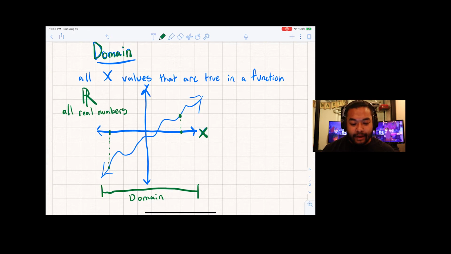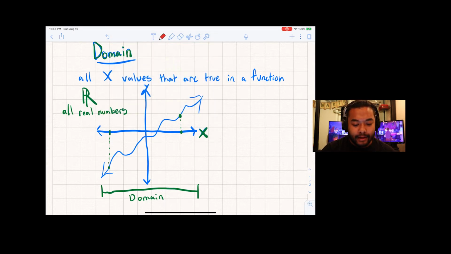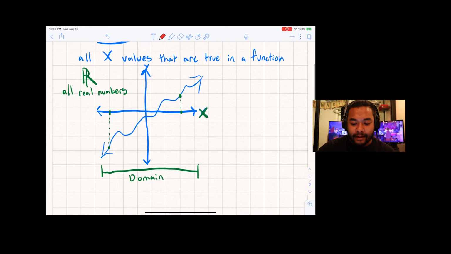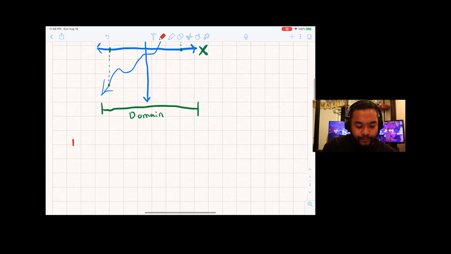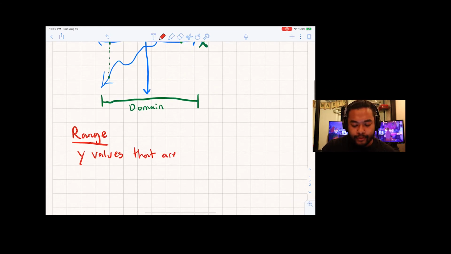So if the x values or the domain is considering left and right possibilities, then let's say I choose red for my range. Then if I look at range, I must be talking about all possible y values that are true in the function.